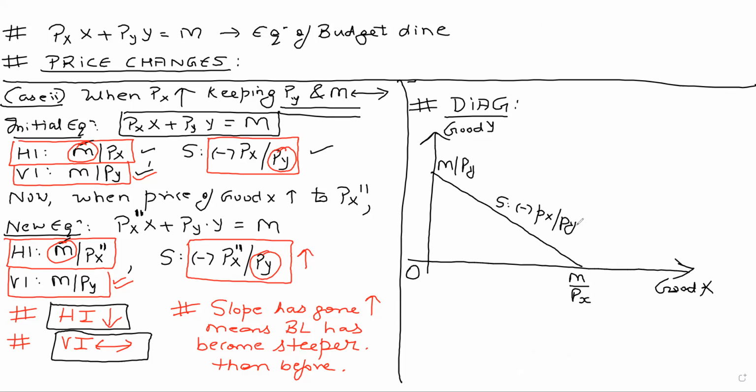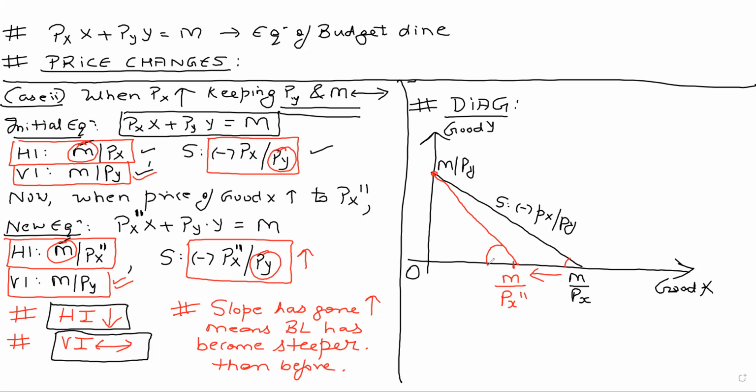You can see the horizontal intercept has now gone down from M by Px to M upon Px double dash. Horizontal intercept has gone down, vertical intercept is the same, and the budget line has become more steeper. Steeper means it is making a higher angle with the x-axis.